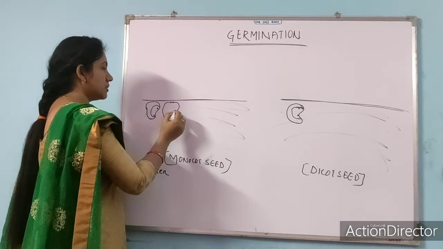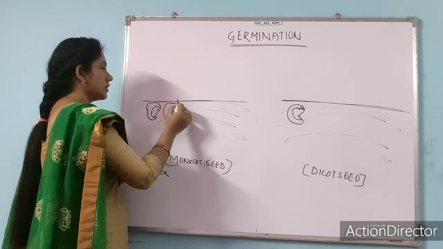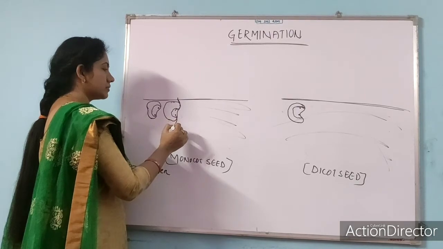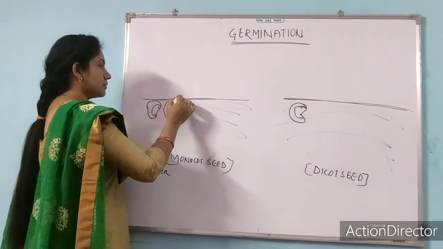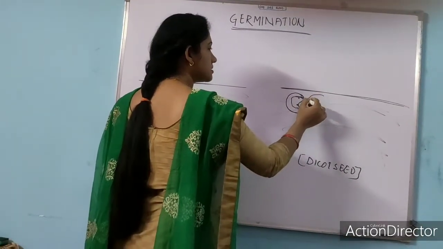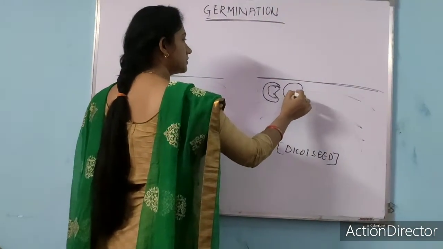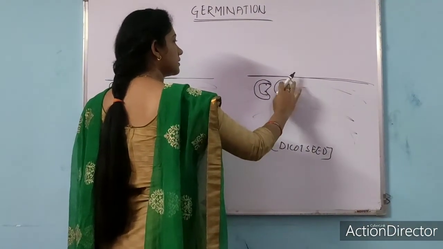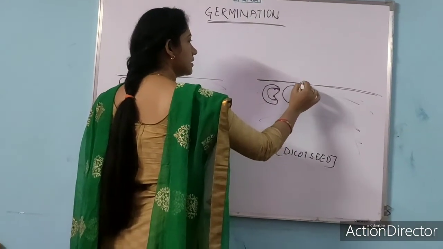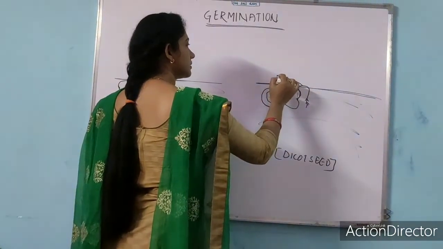And the radicle will develop into a tiny root. Here also I am showing you this seed, like this only. This is the plumule and this is the radicle.